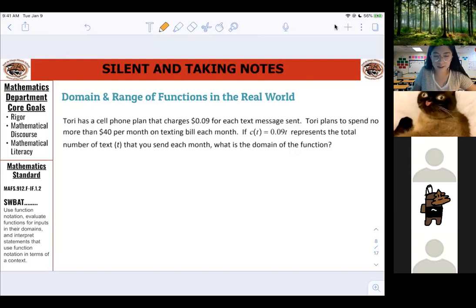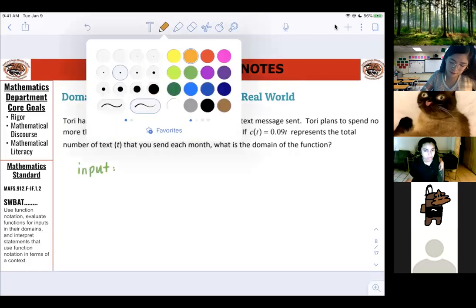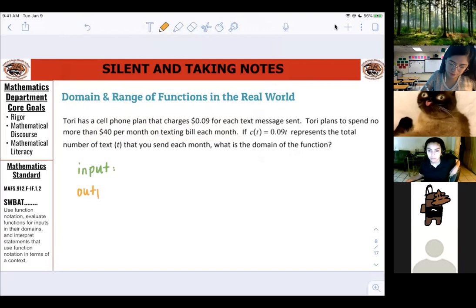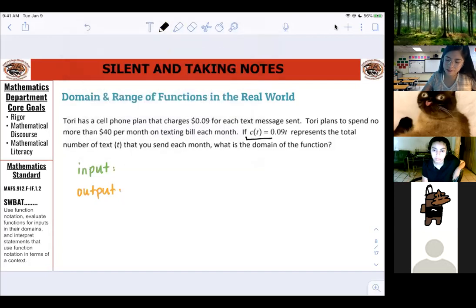Awesome. All right. So let's do the same thing we just did. We're going to start by writing down what is my input and what is my output. Based on the equation, because this one is in function notation, it already tells you the input.